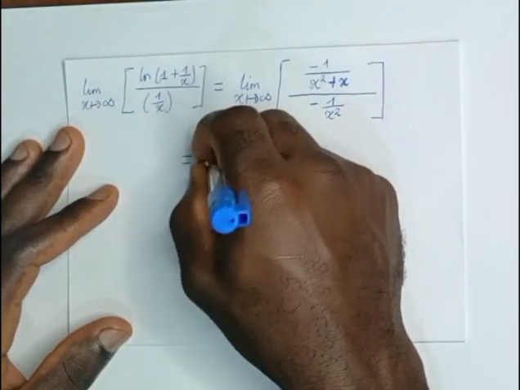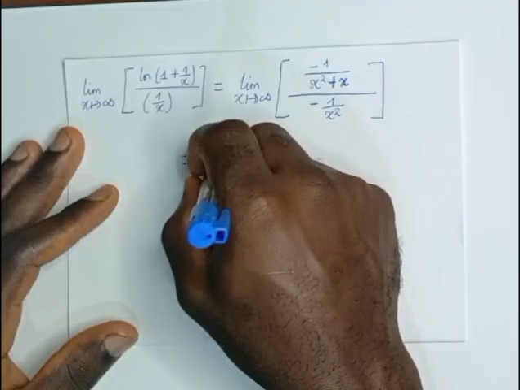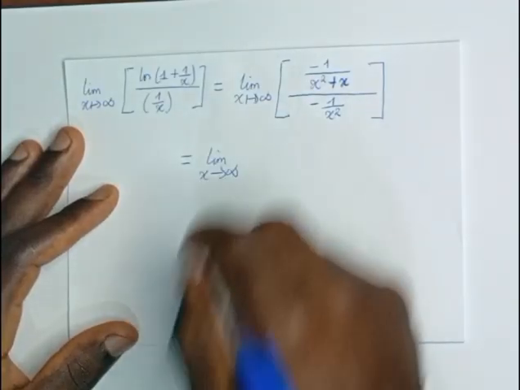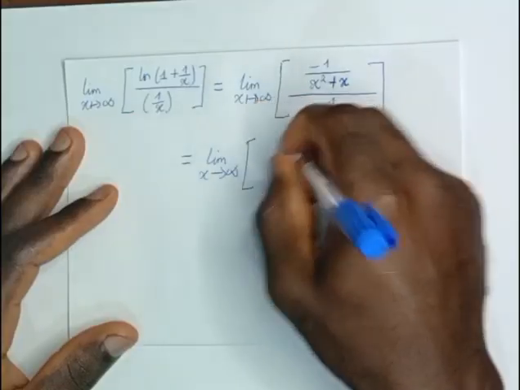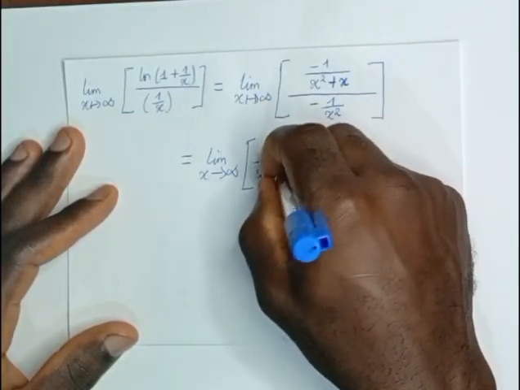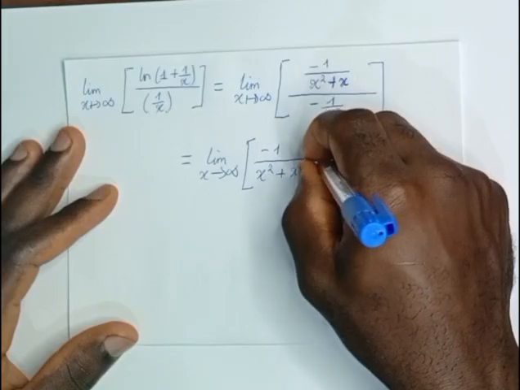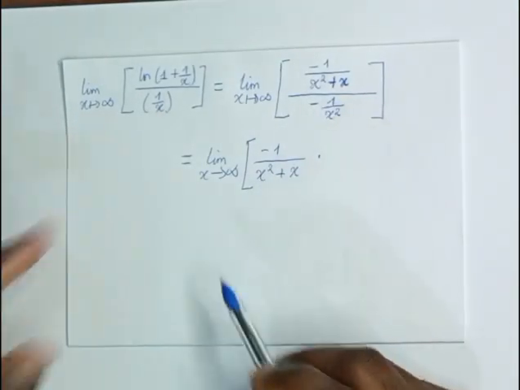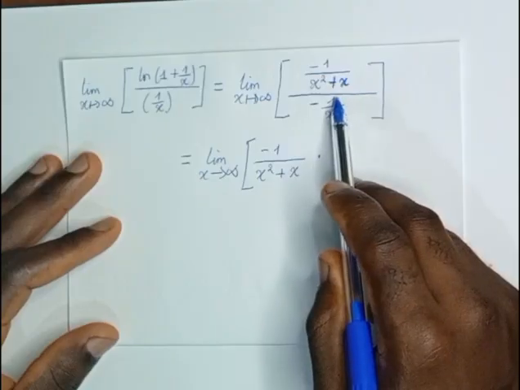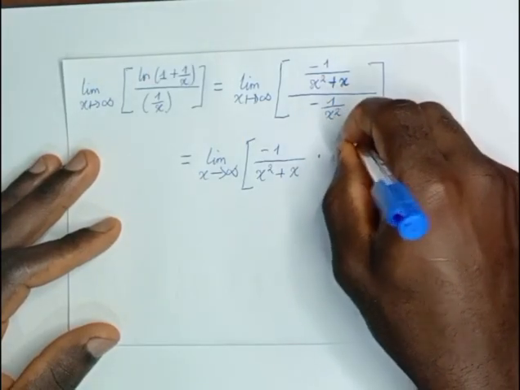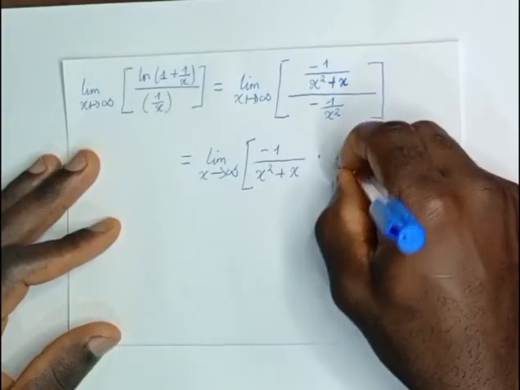This will simply be equal to the limit as x tends to infinity. We are dividing two fractions. We are going to maintain the first fraction, negative 1 all over x squared plus x, times, we invert the second fraction, the numerator becomes the denominator, times x squared all over negative 1.